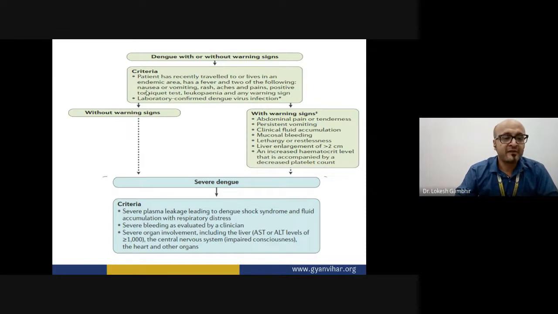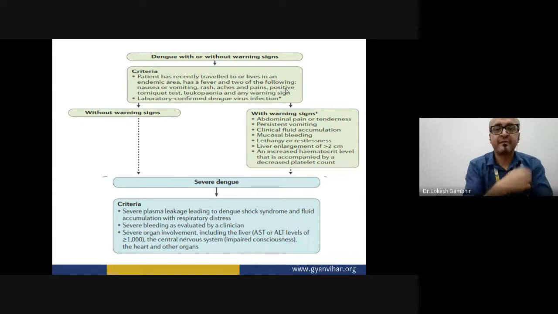Now, the symptoms once the patient is infected: the fever will be there, followed by either nausea or vomiting, and the rashes and pains will be there. Then the tourniquet test is done for determining whether the individual is affected with dengue or not. It's a very simple test. You know the sphygmomanometer, which is required for measuring blood pressure.